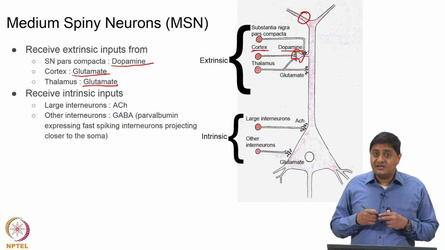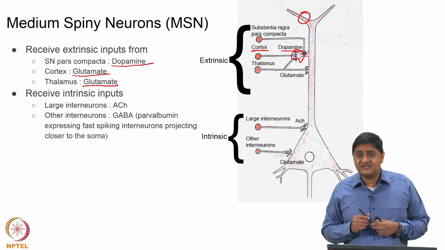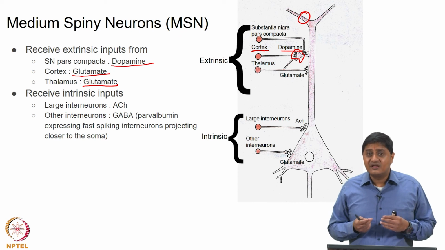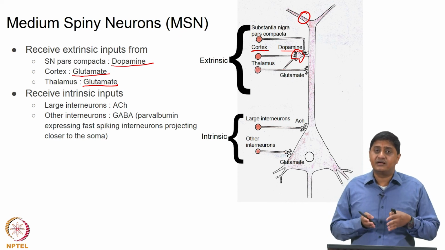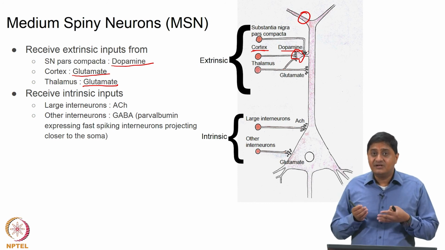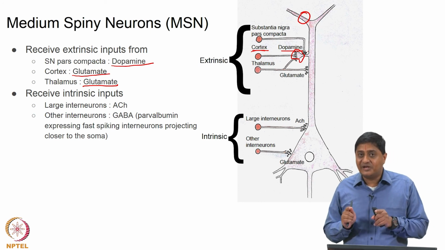The amount of neurotransmitter released may cause an excitatory postsynaptic potential in the medium spiny neuron, but it may not be sufficient to cause an action potential. To have an action potential, you must have a relatively strong cortical and nigral input in such a way that it leads to spatial or temporal summation, leading to an action potential in the medium spiny neurons.